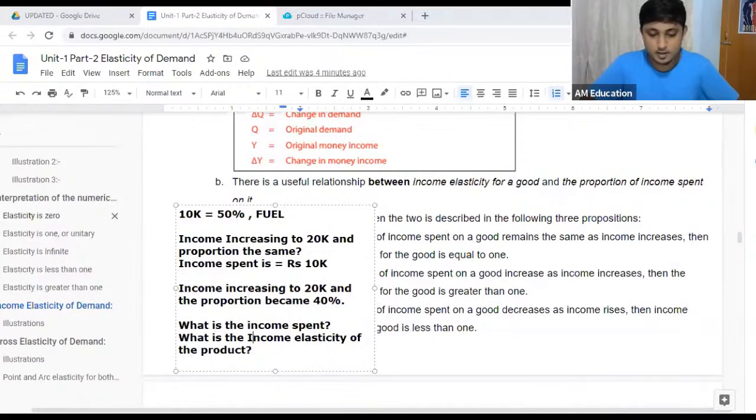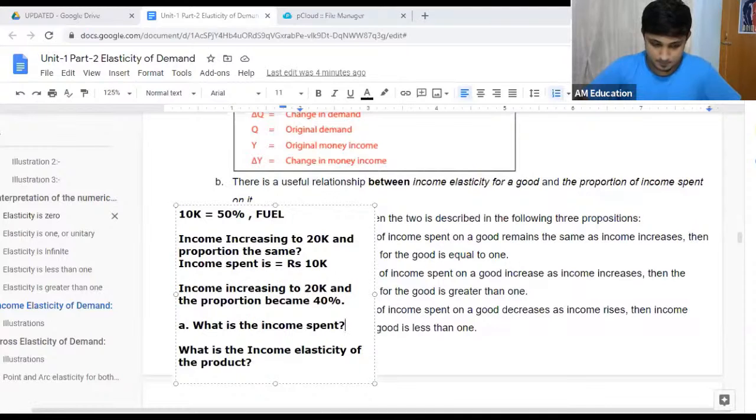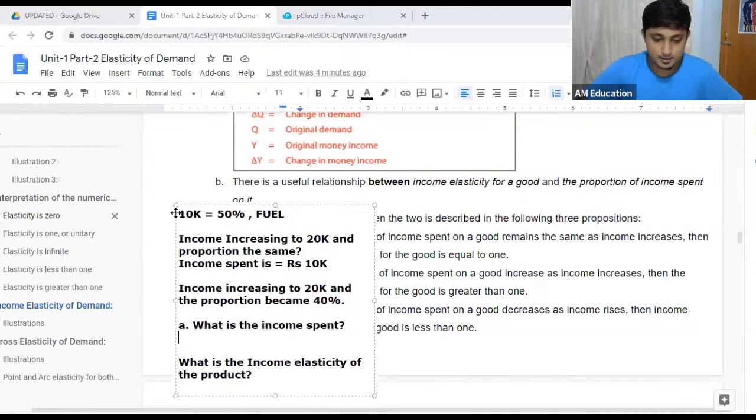Yeah, you guys can take your time and answer me this thing. I'm willing to take the answers, guys. What is the income spent? Guys, what is the income spent in the second case? How much is the income spent if the proportion became 40%?